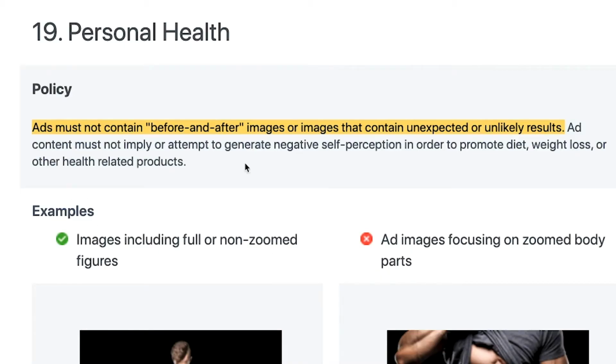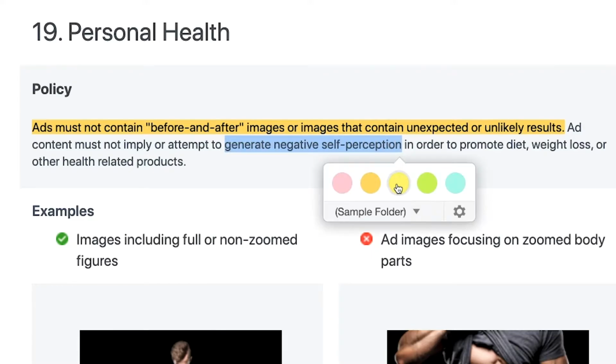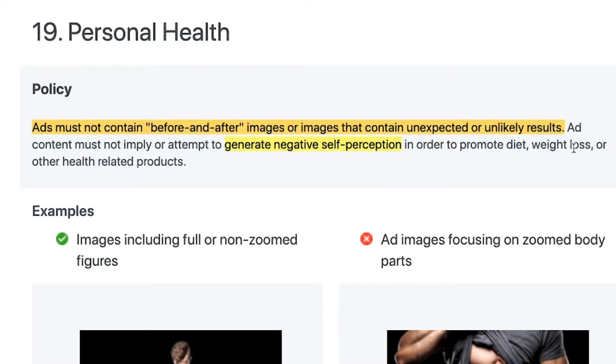Ad content must not imply or attempt to generate negative self-perception. This is the key here, in order to promote diet, weight loss, or other health-related products. Now, what is their whole idea here, and what you want to keep in mind is that when people log into the news feed, if they see something that makes them feel bad about themselves, they're probably going to spend less time on Facebook.